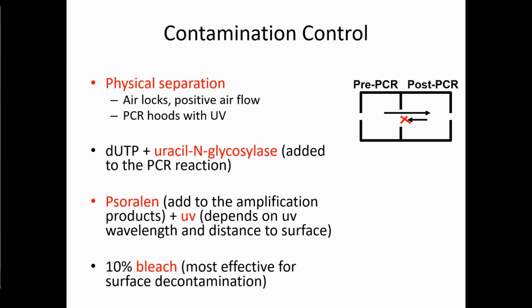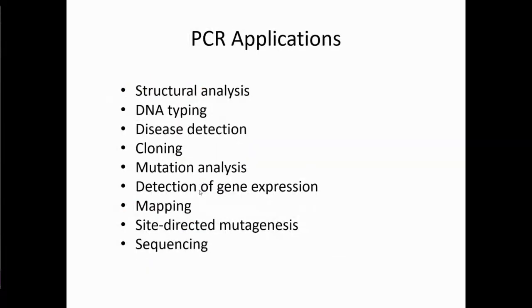So it covalently attaches to the thymidine, uracil, and cytosine in the DNA chain, and then the bulky adduct of the psoralen prevents the denaturation and the amplification of the treated DNA. Okay, that's how you prevent contamination, or you can use 10% bleach for surface decontamination. So these are the contamination controls for PCR.